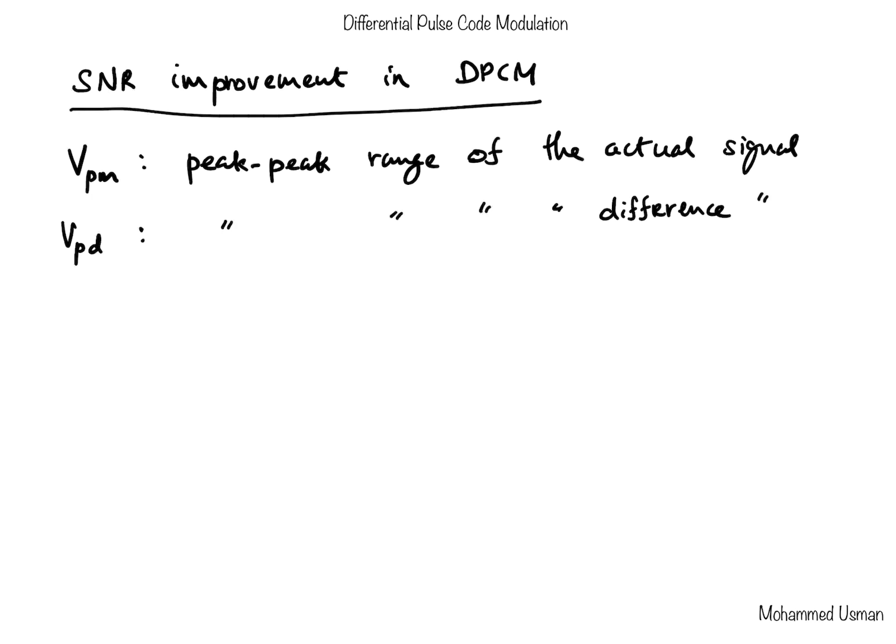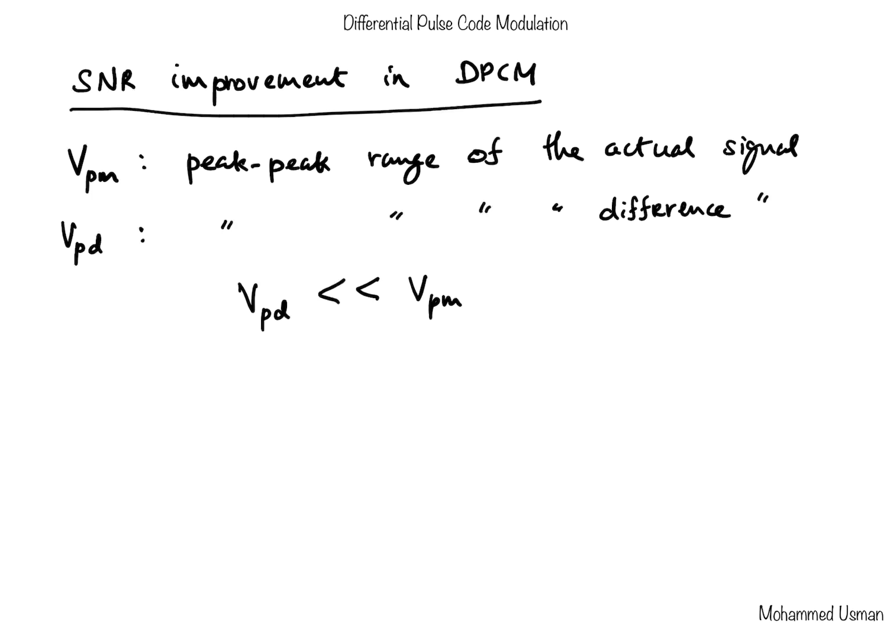And obviously the peak to peak range of the difference signal is significantly smaller than the peak to peak range of the actual signal when the predictor is having high accuracy. So we can write that VPD is going to be very much smaller than VPM.